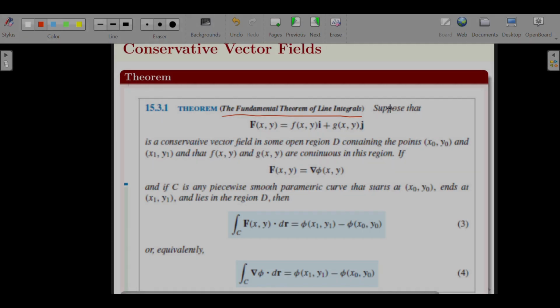So let us go through the theorem. Suppose that the vector field F of x,y is equal to f of x,y i plus g of x,y j.